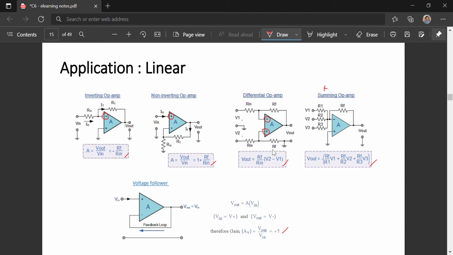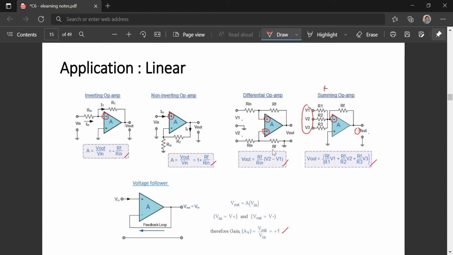So in this example, the summing of V1, V2, and V3 is at the inverting input. Okay, that's why the output here is labeled as minus Vout. We also can connect the input at the positive input of the op-amp, and then the output will be positive Vout.